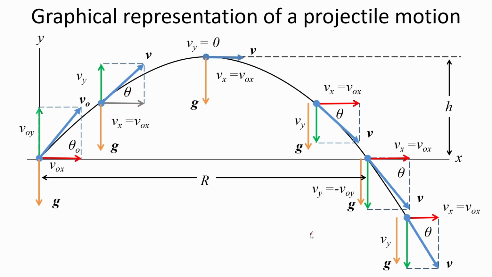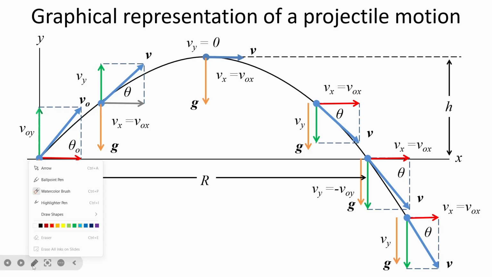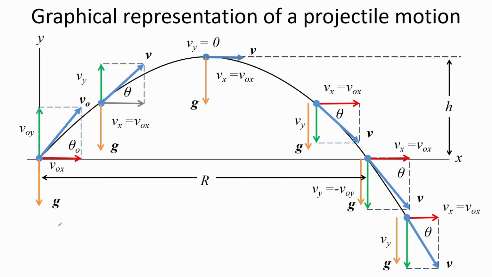So we can actually model this one into vectors. So we're using arrows as representation sa mga vectors. So kaning black na line is the trajectory niya.